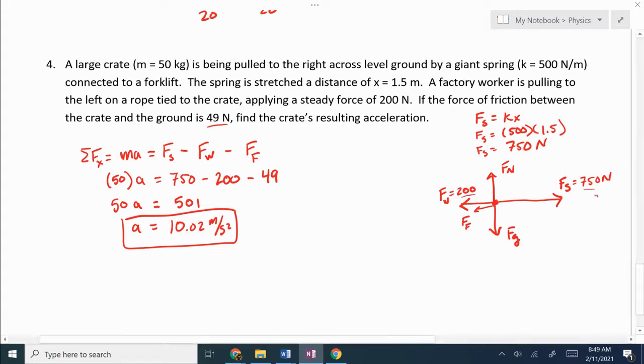But realize that that 750 is going to go down because the spring is going to be stretched less and less, and so that acceleration would go down fairly quickly as the crate began to move, just because the force of the spring would go down. So yes, it is a really big acceleration, but realize that it would actually quickly decrease as we let this thing accelerate.